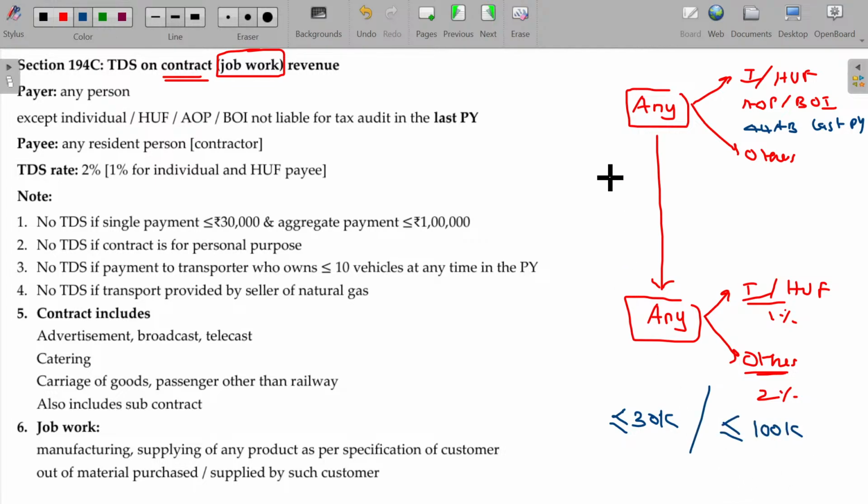What does it mean? This person makes a payment to A of 25,000. What about the TDS? No, sir. If he makes a payment of 35,000, TDS is applicable. Payable to A, no TDS; payable to B, TDS is applicable. Payable to C, how much?